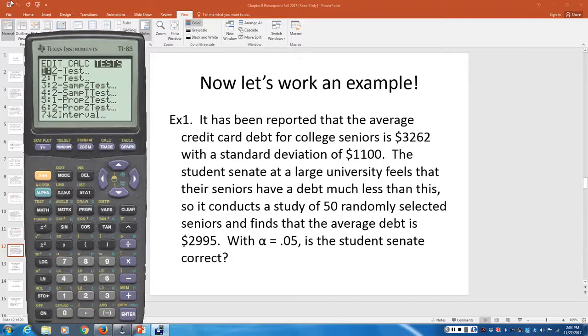Well, we're going to have to figure it out. And maybe you already did. First of all, our choice here is which test. Is the problem asking us about a mean or a proportion?